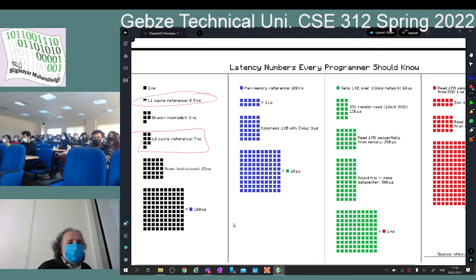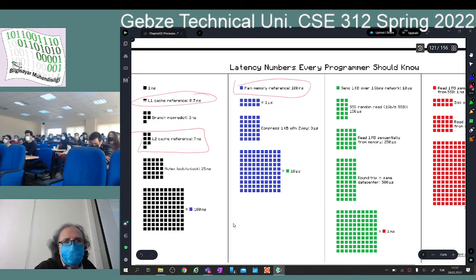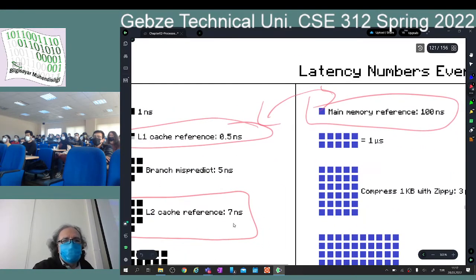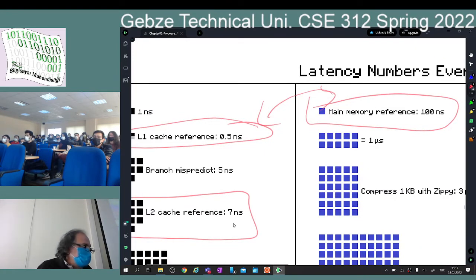But when the context switch happens, I don't know where I am going to. I cannot predict the behavior of the other process. That's why we try to avoid context switching as much as possible. It's because of the difference between these two numbers: 100 nanoseconds per memory reference versus 0.5 nanoseconds.